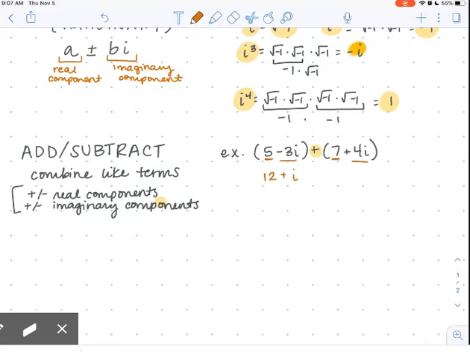We would want to be careful that if we are subtracting, we would want to distribute. So I'll do a quick example of that.